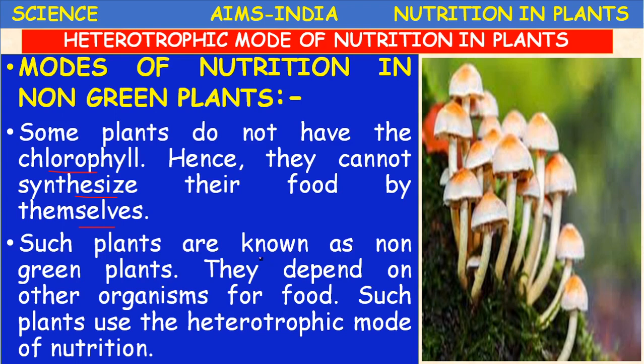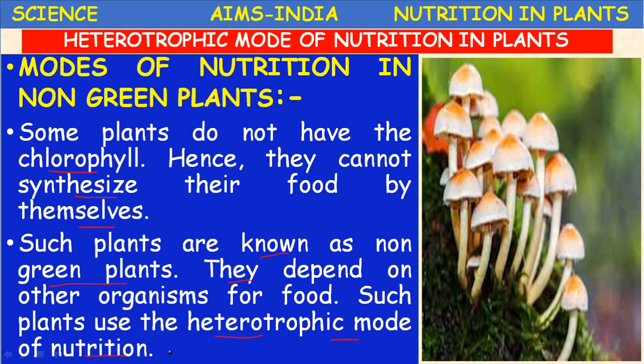Such plants are known as non-green plants. The name itself indicates they don't have chlorophyll, hence they are called non-green plants. So they depend on other organisms for food. Such plants use heterotrophic mode of nutrition.